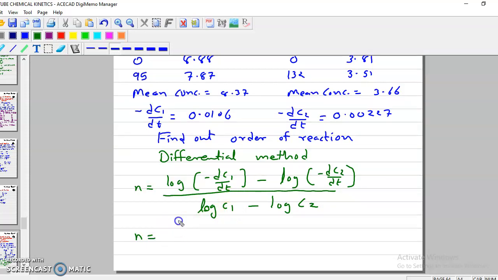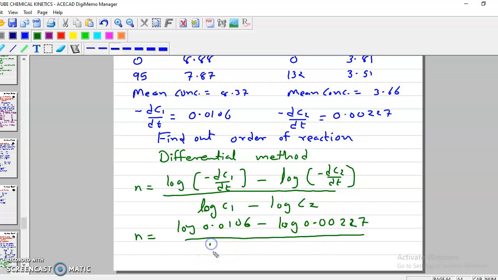So we substitute the values. n is equal to log 0.0106 minus log 0.00227, upon log 8.37 minus log 3.66, and find out n. n can be 1, 2, 3, whatever.